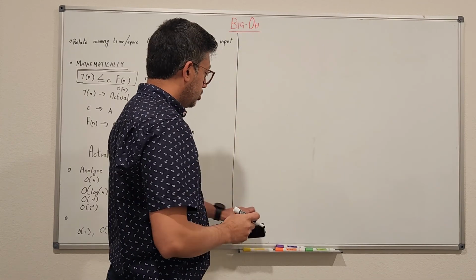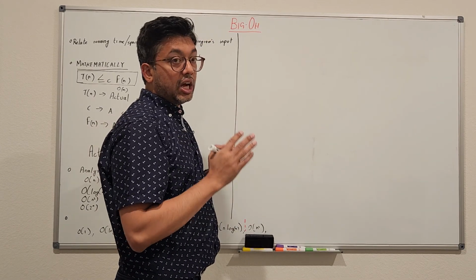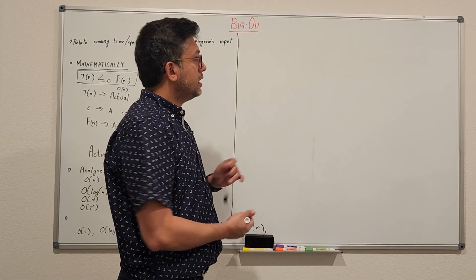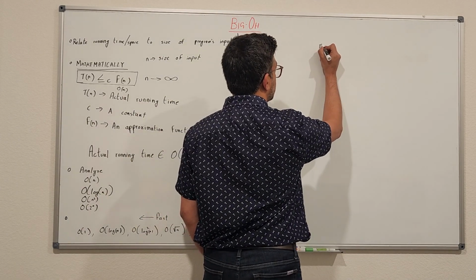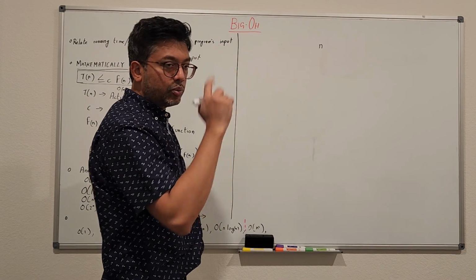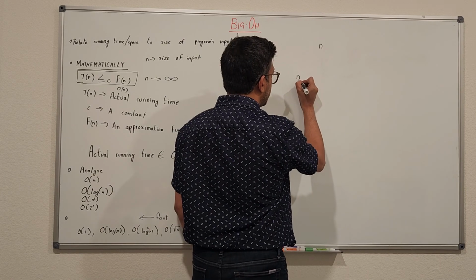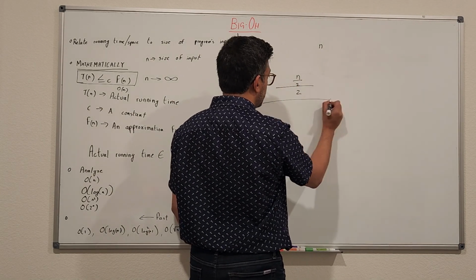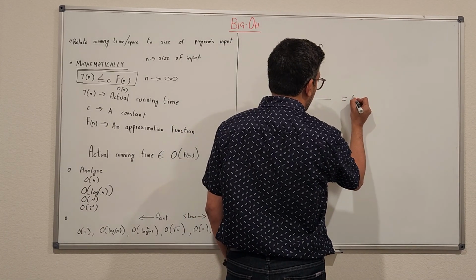Now, in BigO, like I said earlier, you have to see how your running time, or another way to look at it, the number of operations, relates to the size of the input. So suppose I have n items in an array and I want to keep dividing it by half until I reach one item. How many operations would I have to do? I have to do n divided by 2 as the first operation, the second operation will be again by 2, the third operation will be again by 2, and I keep dividing by 2 until I reach one item.